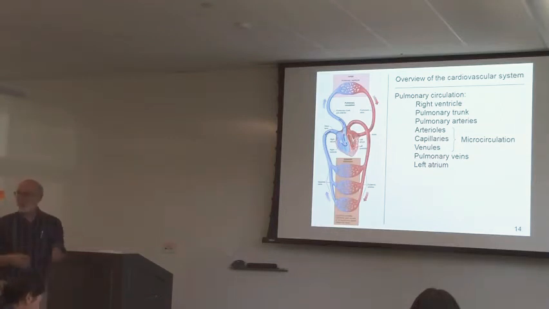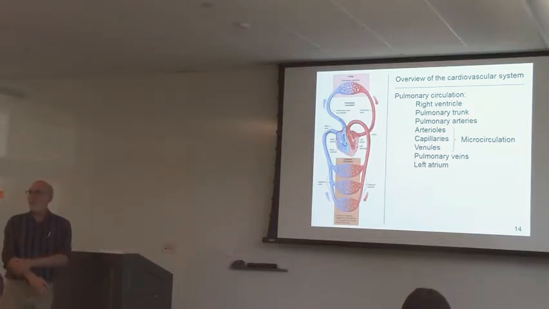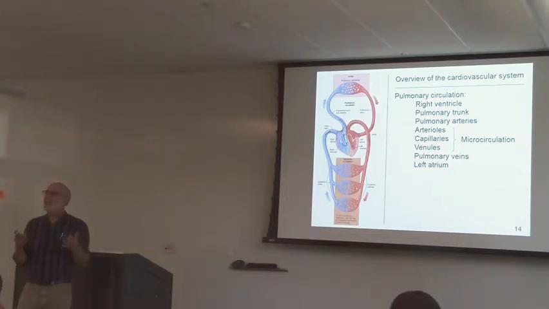And then the blood goes from the left atrium to the left ventricle, where we start the systemic circulation. I described this in series, but this is happening at the same time. Blood is flowing to the lungs through the pulmonary circulation at the same time that blood is flowing through the arteries to the systemic circulation. It's happening simultaneously.